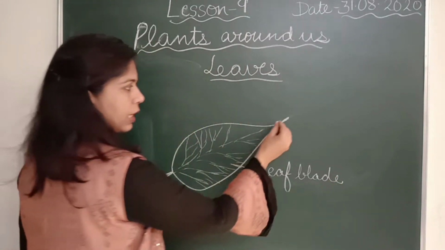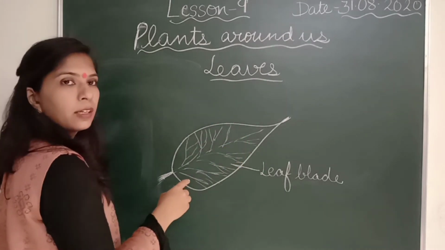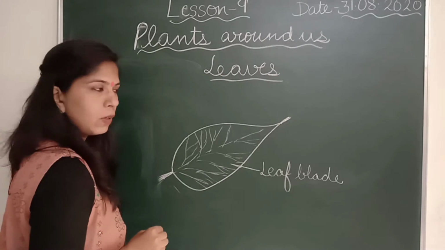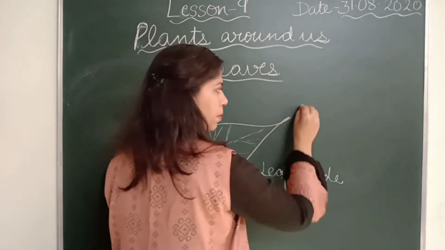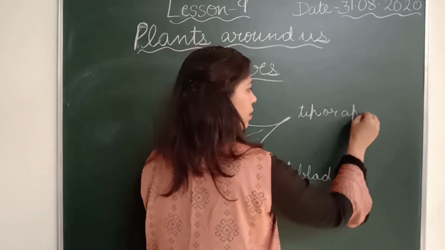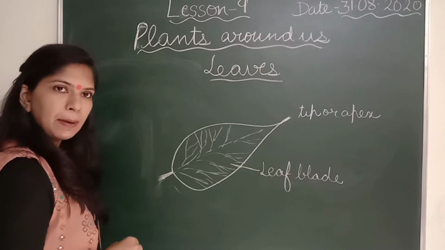Got it? This topmost part of your leaf blade, what do we call it? We call it tip or apex.